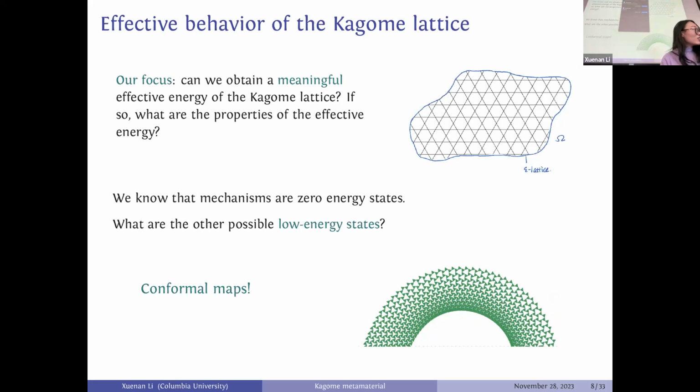You can break the translation symmetry of the original structure. Yes. So I guess one question would be, is there some subset of mechanisms which always preserves periodicities? Oh, then the non-periodic one is just a counterexample. Right. Yeah.